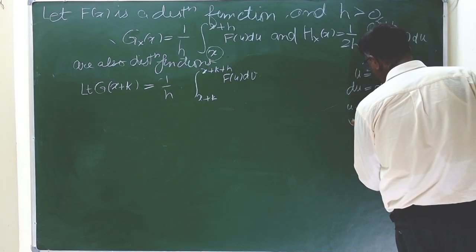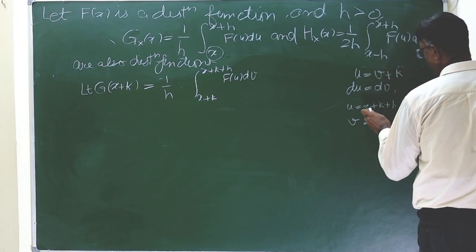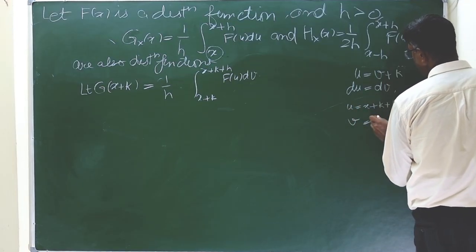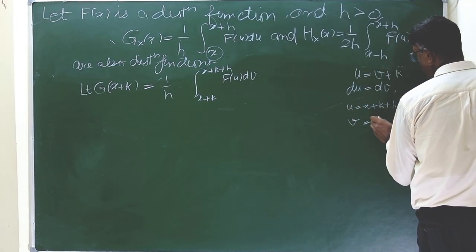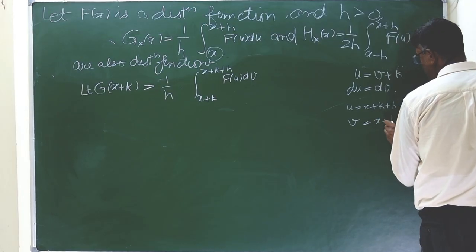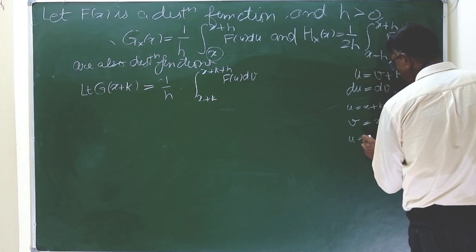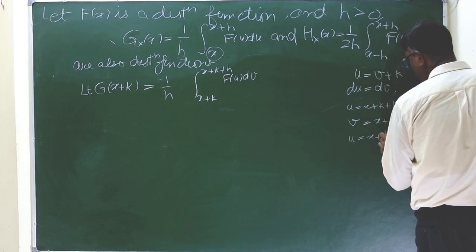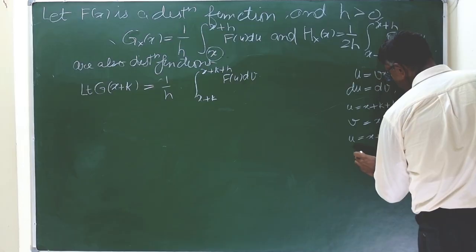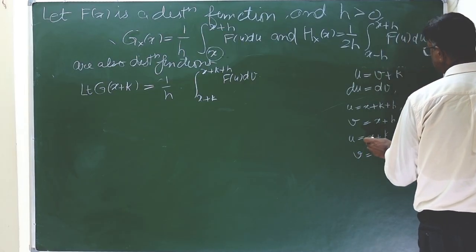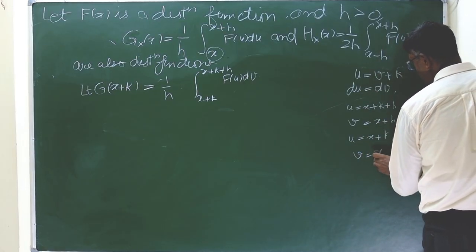be equal to x plus h, and when u is x plus k, then v will be equal to x.